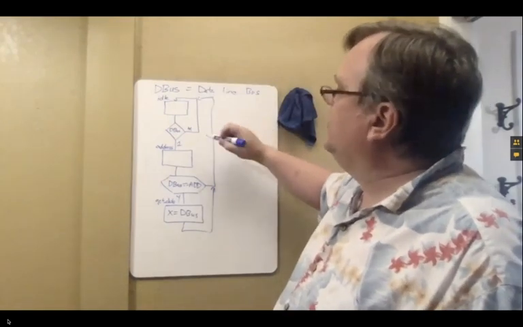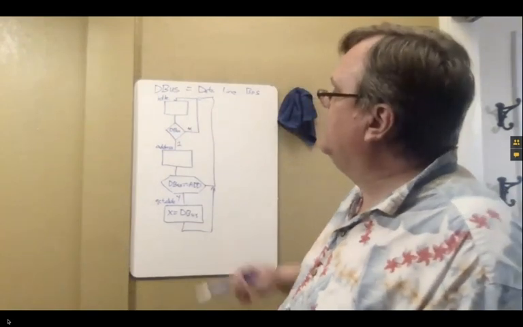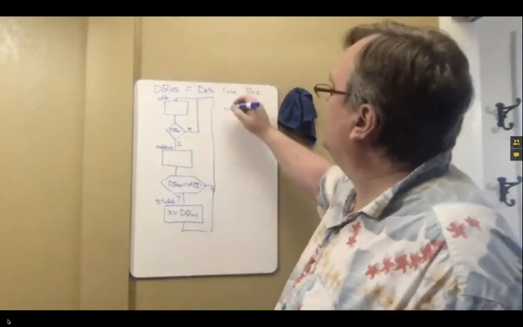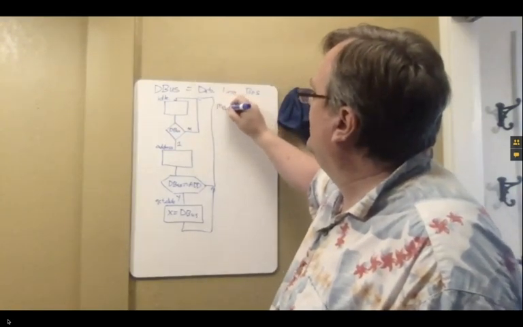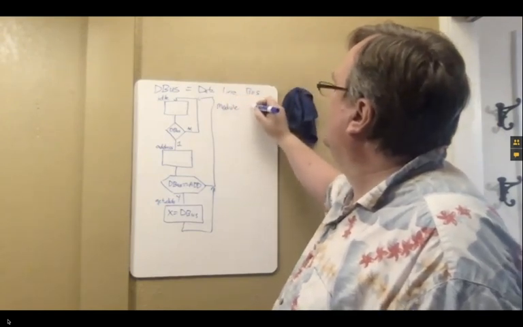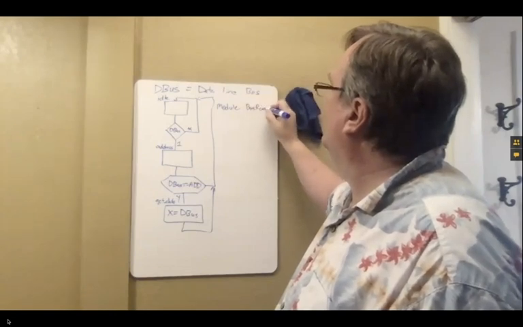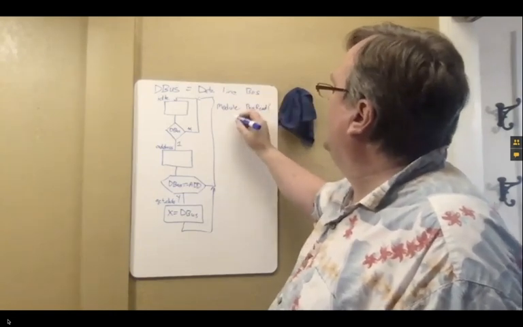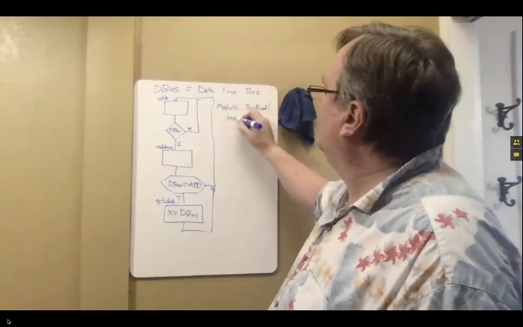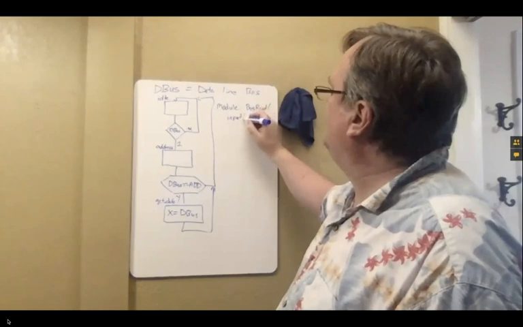We look at this and we go, okay, what are my inputs? Well, my input is, for instance, data bus. That's coming from the outside world. I'm going to create a module, which is my bus reader, and it's got input, and I'm going to say that I have 8 bits here.